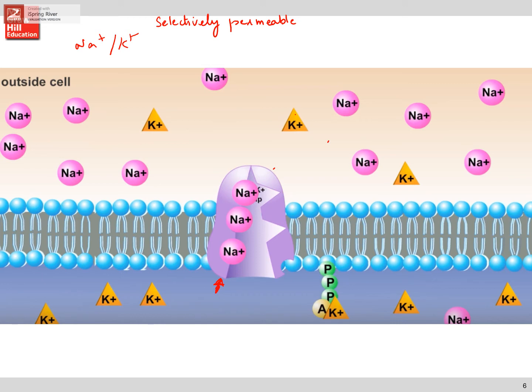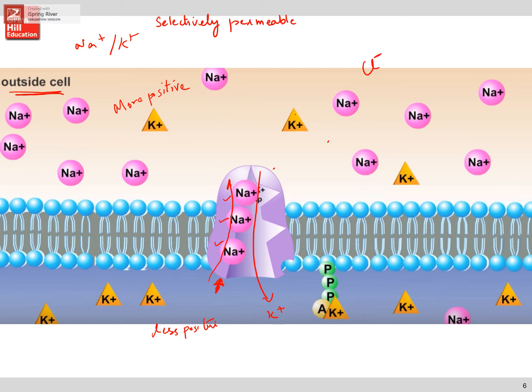For every 3 sodium ions pumped out of the cell, this is outside of the cell, so every 3 sodium ions pumped out, the sodium-potassium pump brings in only 2 potassium ions into the cell. As a result, the inside of the cell is less positive and the outside of the cell is more positive. Okay, so the cell not only has sodium and potassium ions, it has other ions that are also sometimes negatively charged, like chloride ions.